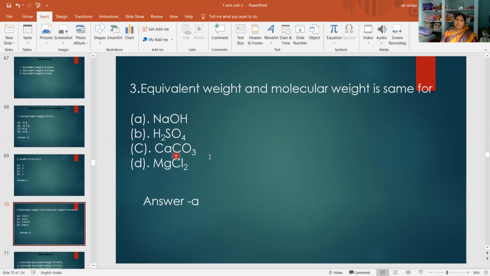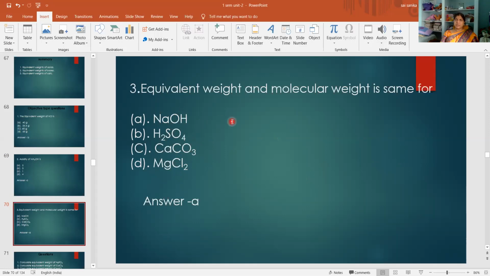Come to CaCO3. It splits as Ca plus 2 and CO3 minus 2. The charge is 2, so it is not the answer. Next, MgCl2, Mg plus 2 and Cl minus 2. Its charge is 2. So here charge 2, here charge 2, here basicity 2. Now come to NaOH.